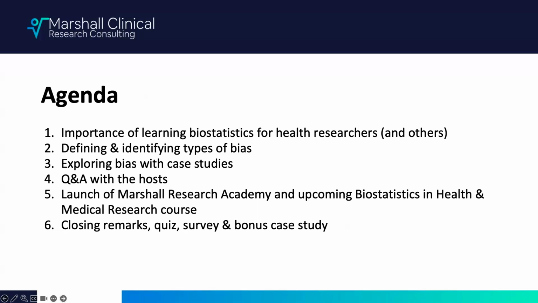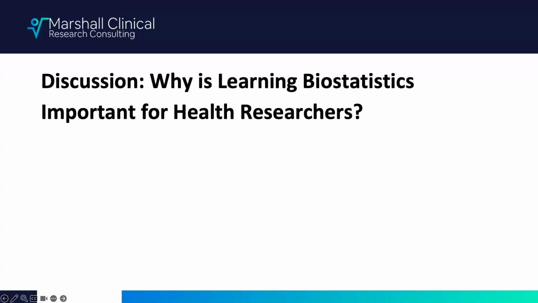And then we'll end with some closing remarks, a quiz, and a quick survey. And we'll have a bonus case study that you can do on your own. And we'll provide the results of the quiz and the case study in the description in the comments below.